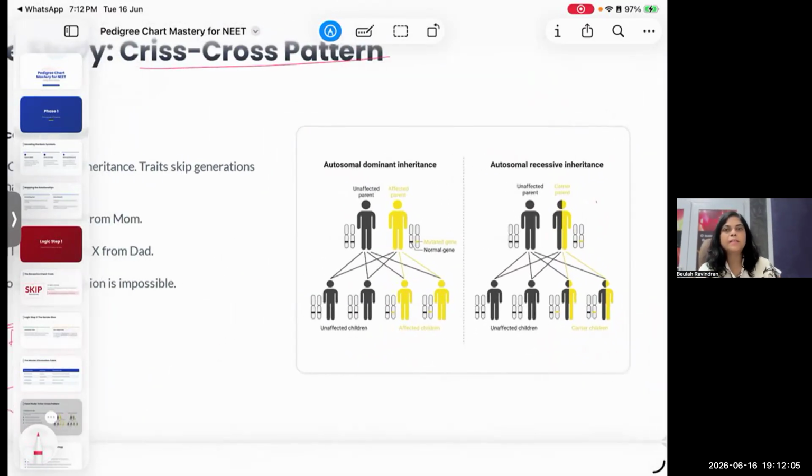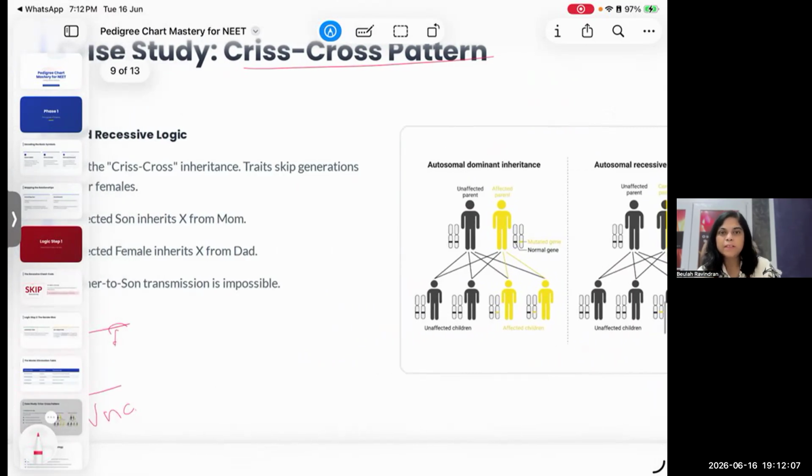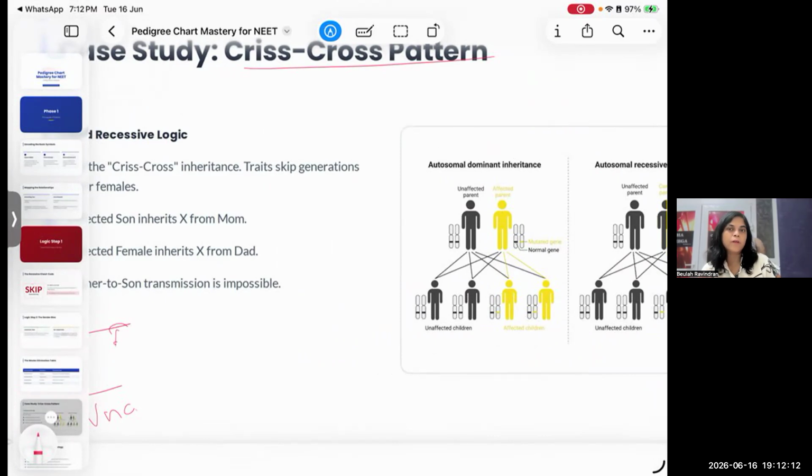An affected mother must pass it on to all her sons. Why? Because a son gets his only X chromosome from his mom. That is the problem. If the mom is affected, the son is also getting the affected chromosome.